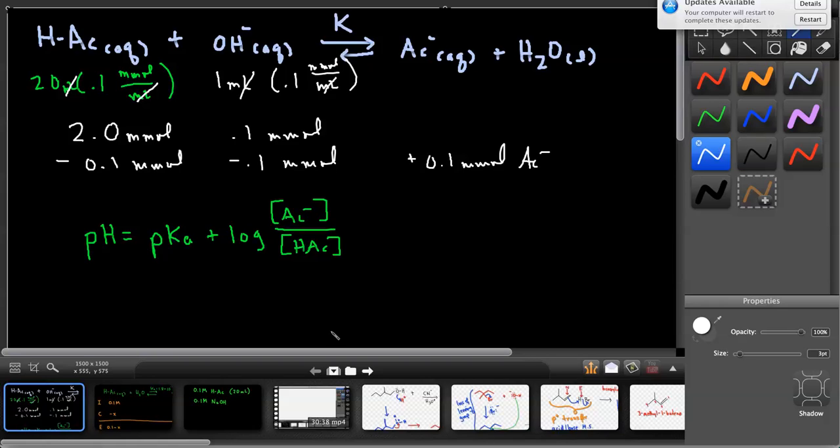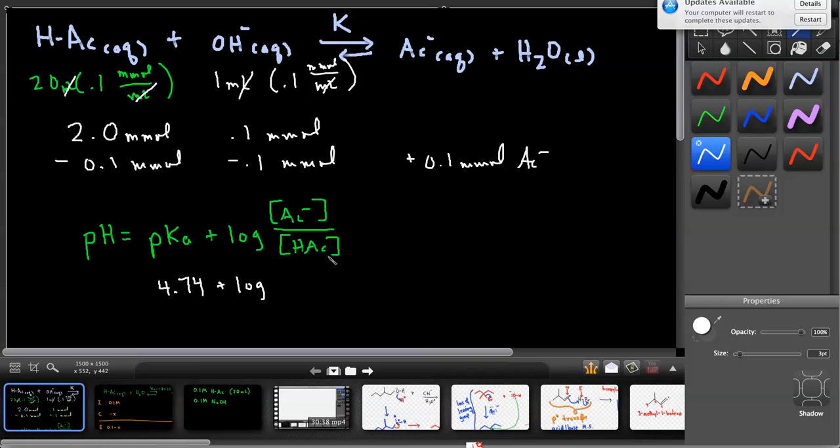Now, the pKa is going to be a constant at a given temperature. We derive this constant from the negative log of the Ka. For acetic acid, its known value is 4.74. And we're going to add to that the base 10 logarithm of 0.1 divided by 2. And this will equal the pH of the particular system when I have added 0.1 millimole of base to 2 millimoles of acid.